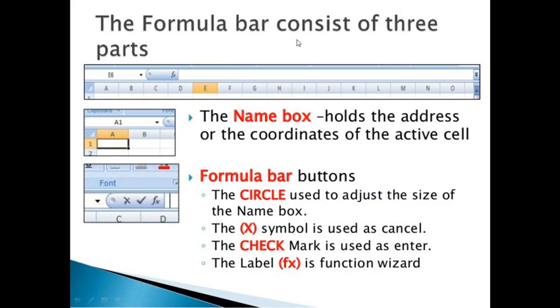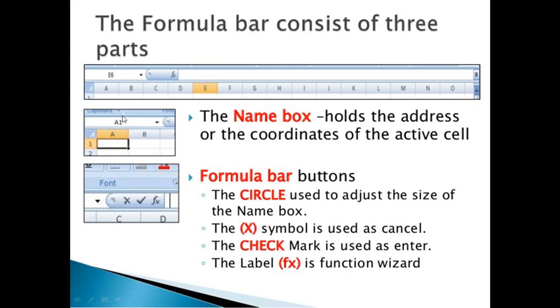The formula bar consists of three parts: the name box holds the address or the coordinates of the active cell. Over here you can see the active cell.